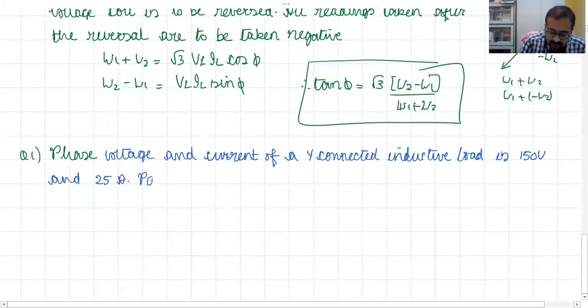The power factor of the load is 0.707 lag.